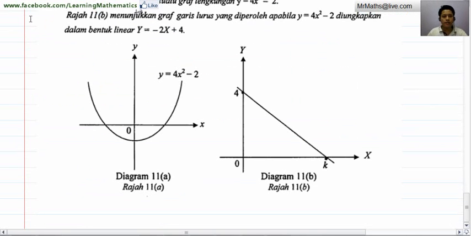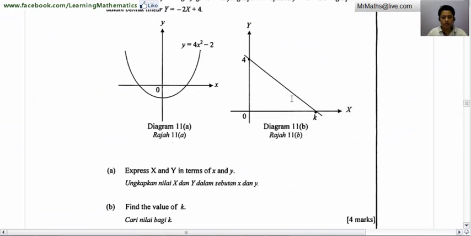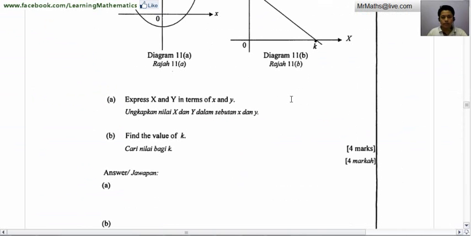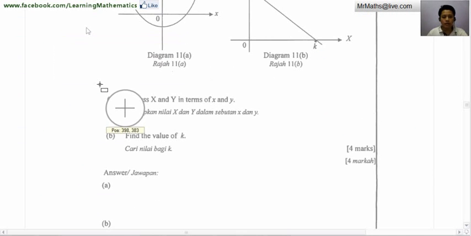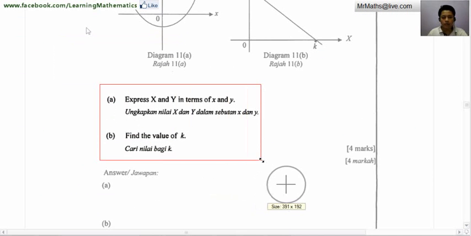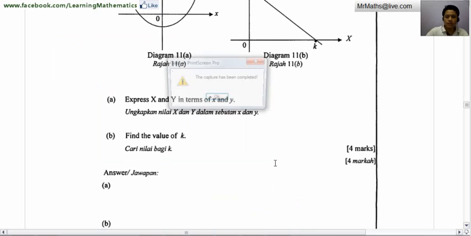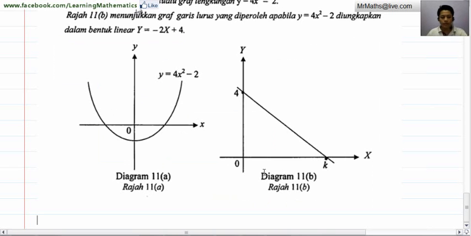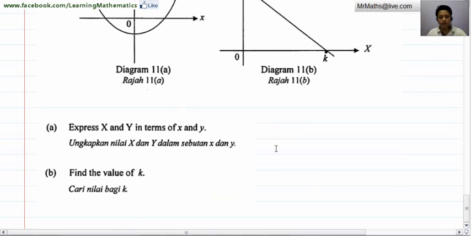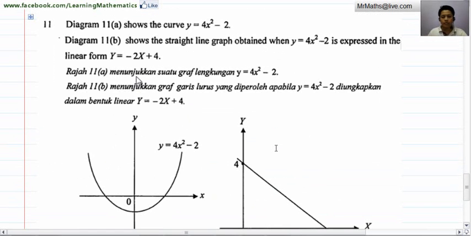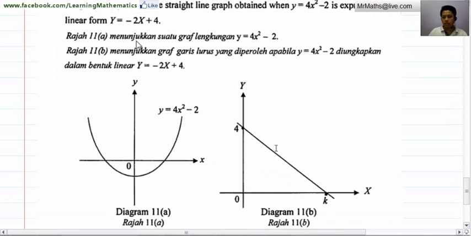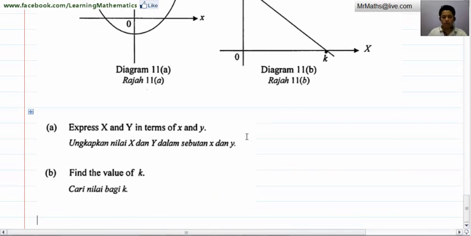Alright, and the question is, it is a little bit too big. Again. Okay, here it is. So how are we gonna do this? Let me see. We're gonna need to do some guessing here. What is the equation again?